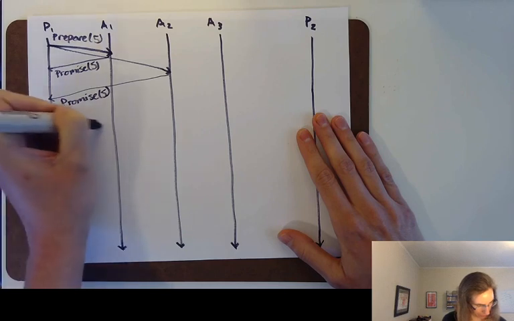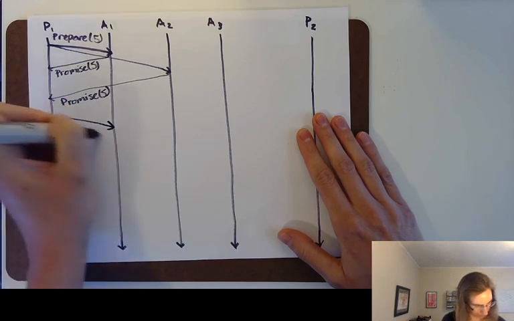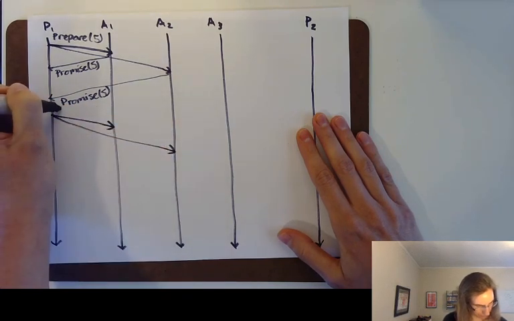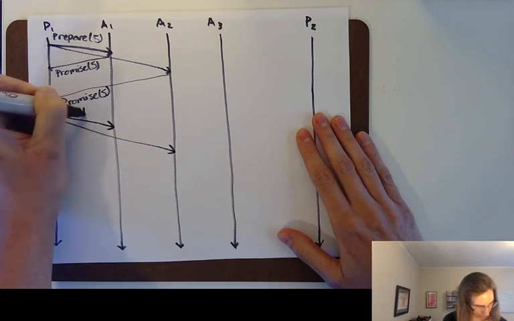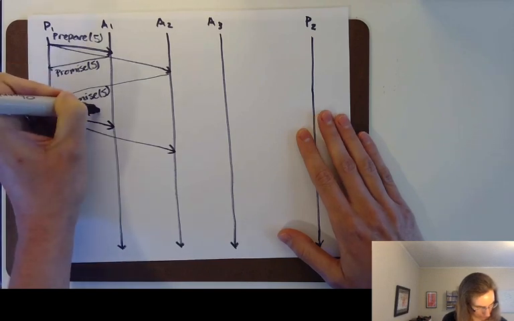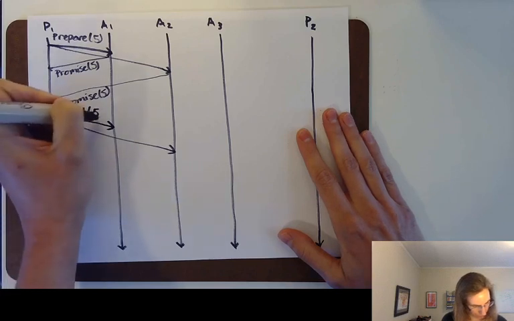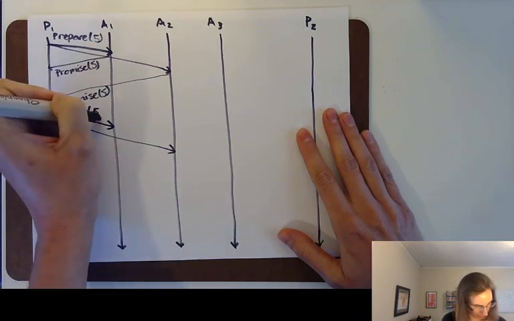And we'll say that our accept messages went out here. Let's say the value that we're trying to get consensus on now is 1.